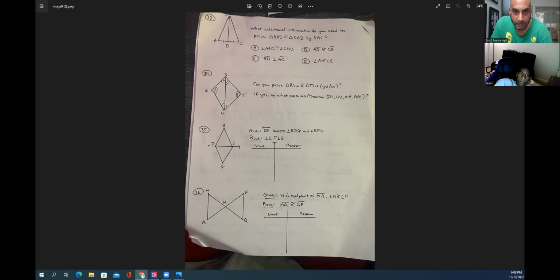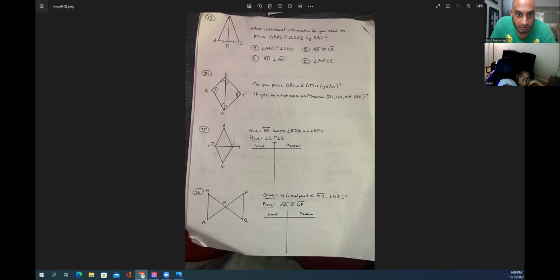Can you prove that is congruent to that? Yes or no? If yes, by what postulate or theorem? Can you prove that triangle RSU, which is this one on the left, is congruent to TSU, which is this one on the right? So look what they give us.